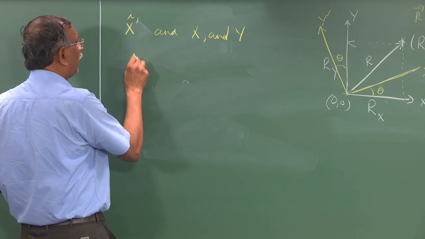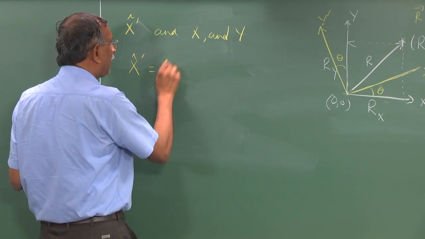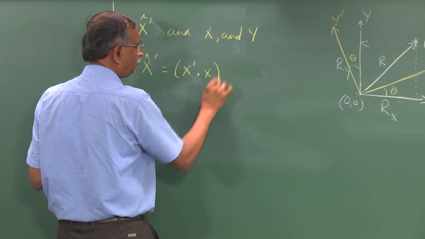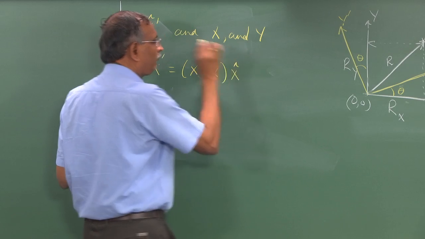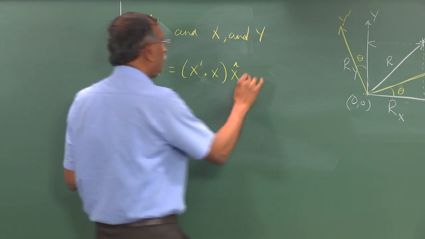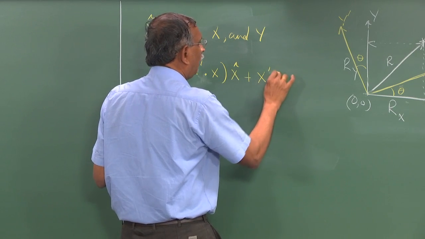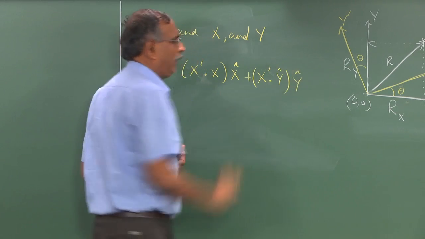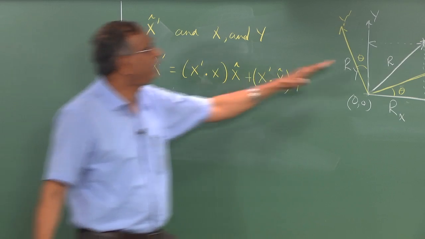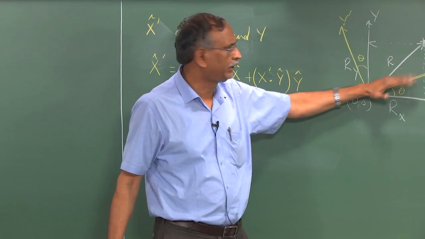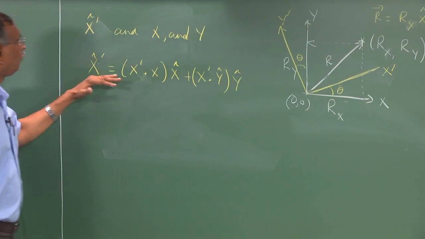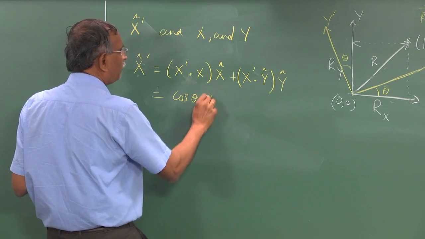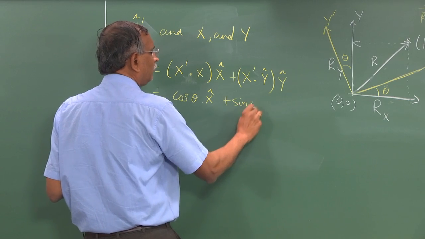Therefore the best way to write x prime is to write the scalar product of x prime onto the x axis times the unit vector x plus the scalar product of x prime onto the y axis times the unit vector y. Exactly the same way you would write the R quantity this way. So in a coordinate rotation, this is nothing but cos theta times x plus sin theta times y.